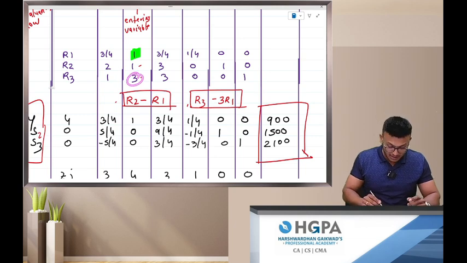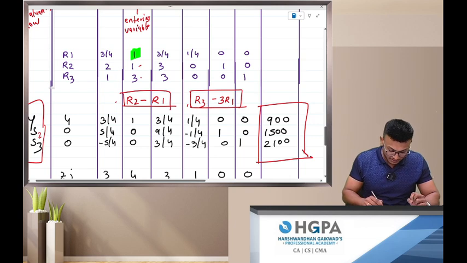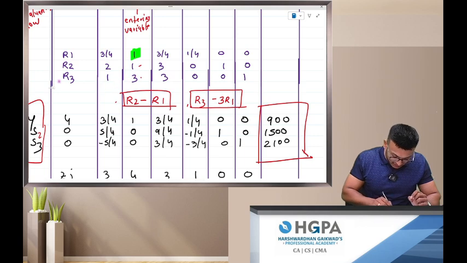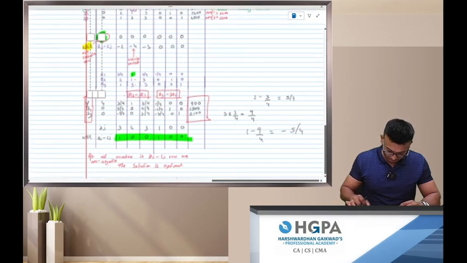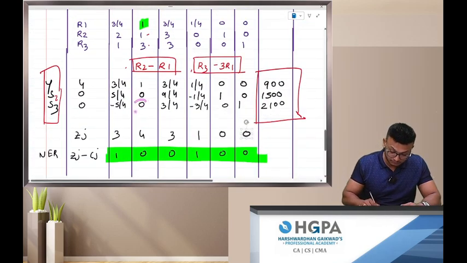I cannot change R1. R2 is already done. So what I did is R3 minus 3 times R1. If I do this, this will change and I'll automatically bring 0 over here.